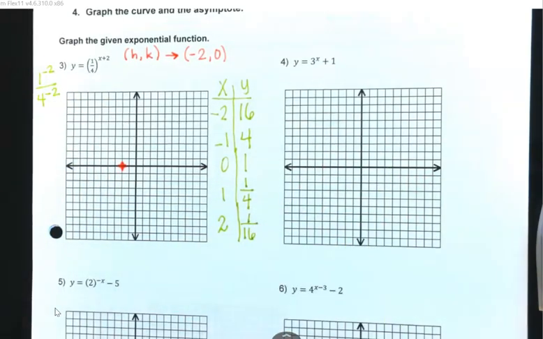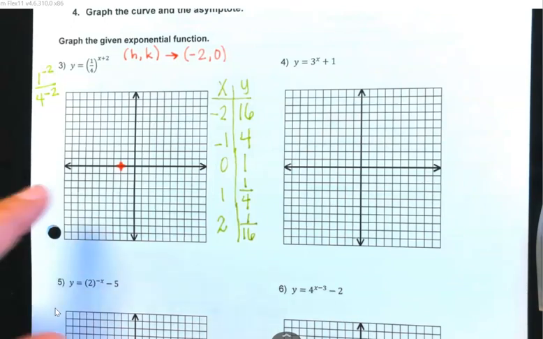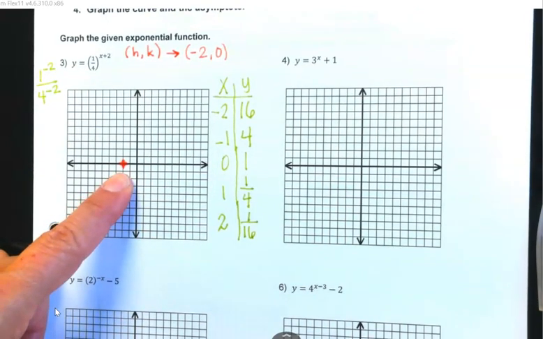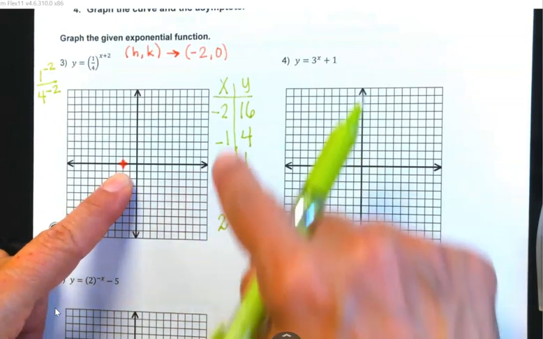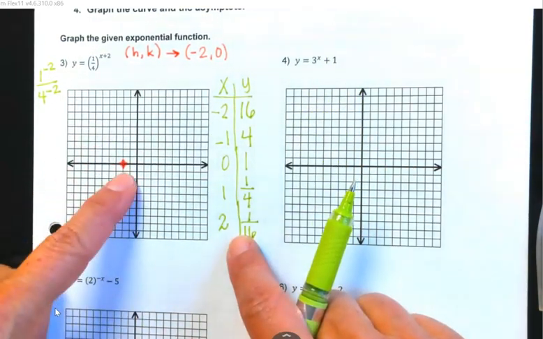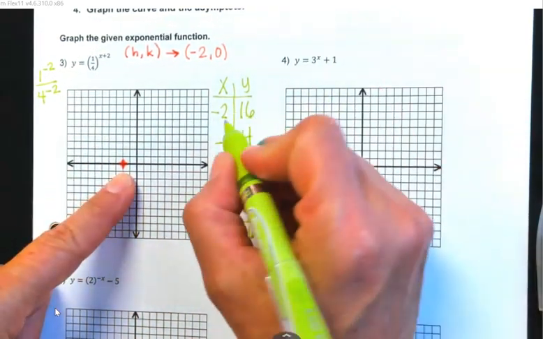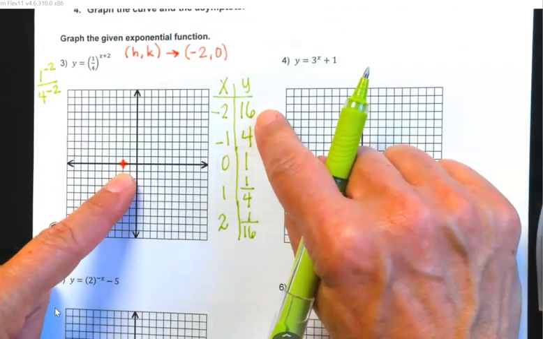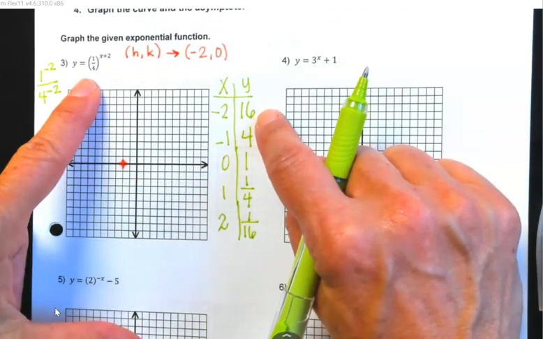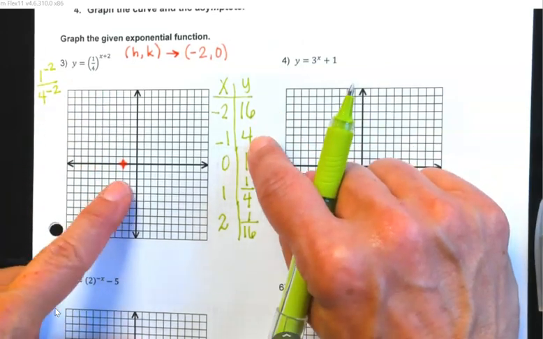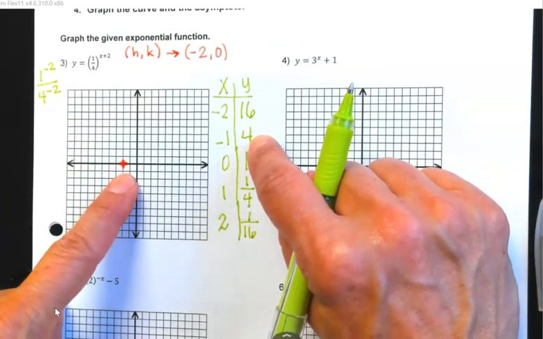All right, so we have our inputs and outputs after it has been translated 2 places to the left. Let's plot these based on our new origin. So guys, the first one I can't fit. -2, 16 would be way up here. Let's plot -1, 4 from our new origin.